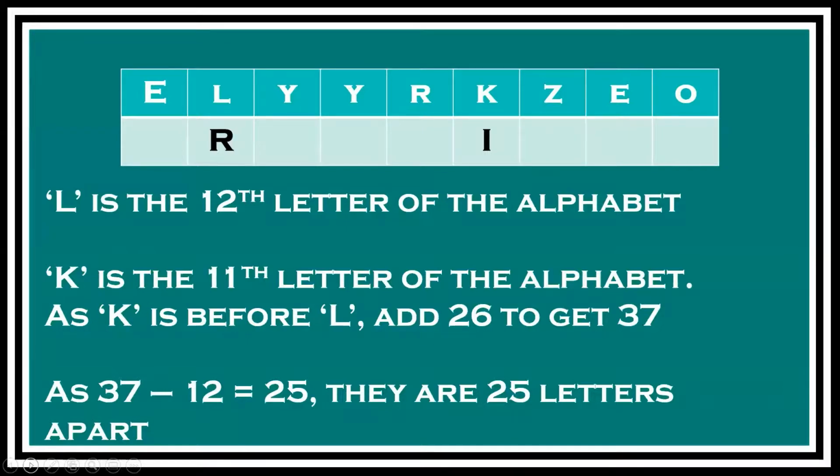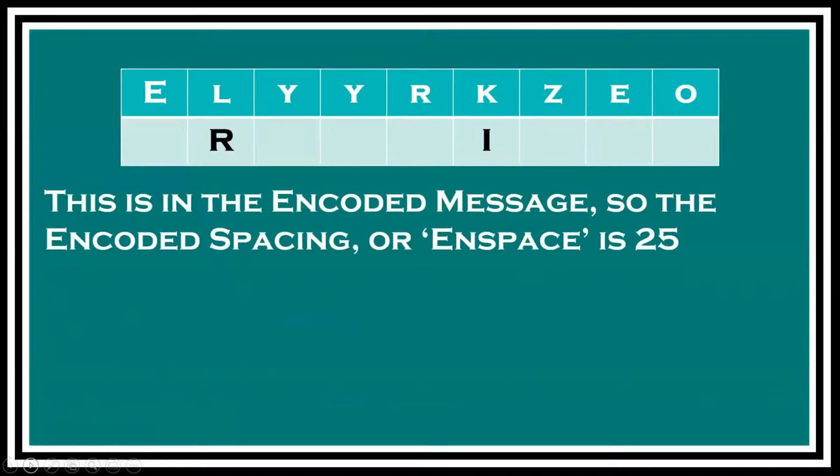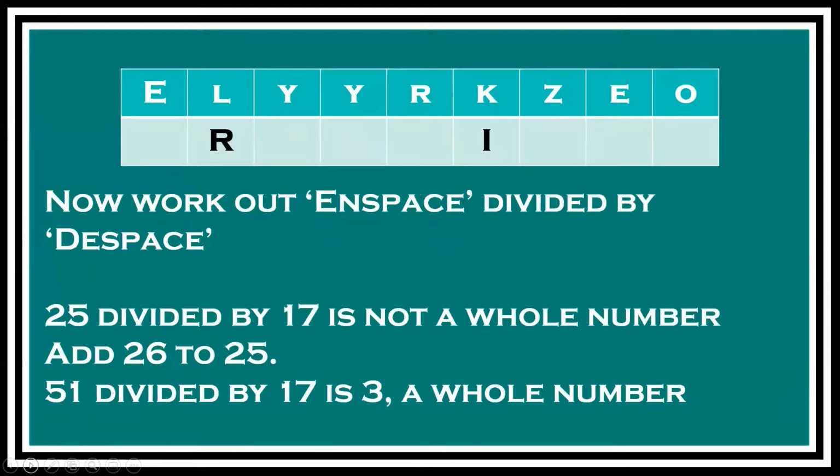So these two letters are 25 apart. Now that is in the encoded message, so the encoded spacing, which we are calling N space, is 25.